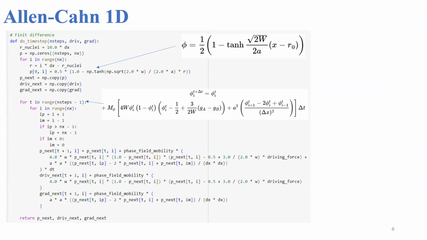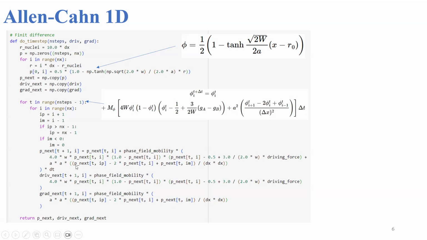So we are doing a time evolution, and you can see the variable phi is given by one half of 1 minus tanh of 2 times the distance over the width of the double well, and so on. We can implement it directly here and evolve it over n steps.